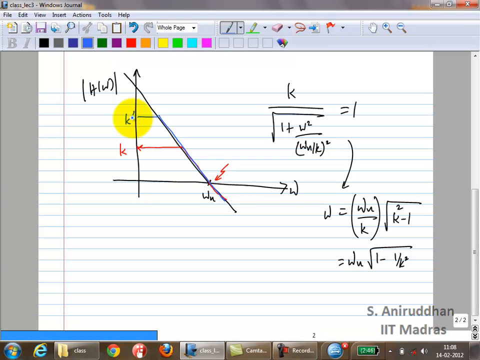Which means obviously now your omega k is larger, so omega u over k prime is smaller, and that's this point. That's the bandwidth of the amplifier itself, correct? And again, for a different k prime, it will again cross very close to omega u.